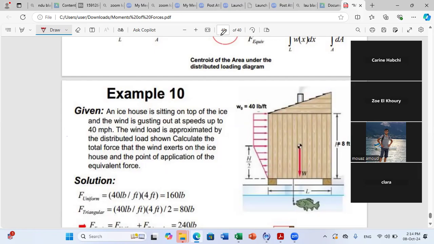Okay. Other questions? I have a question. To calculate the moment of a couple, do we always take the perpendicular distance between them or any distance? Okay, look, it depends on the method you are using.